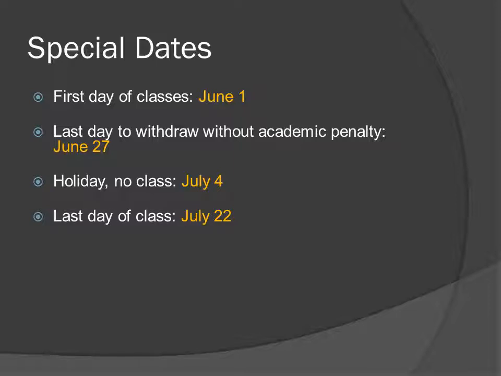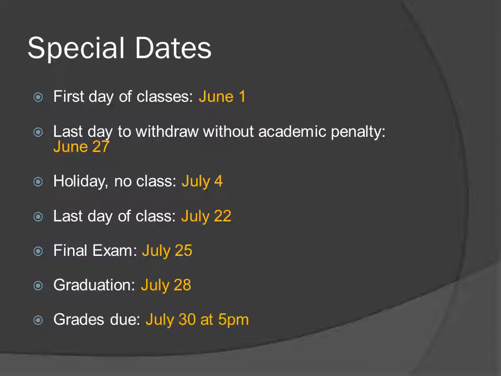The last day of class is July 22nd. The final exam for this course will be due on July 25th. Graduation is July 28th. And grades are due July 30th at 5 p.m. My grades will be posted by that date.